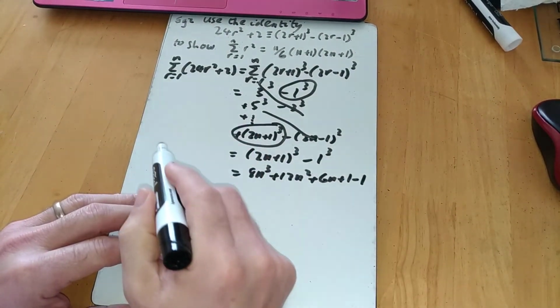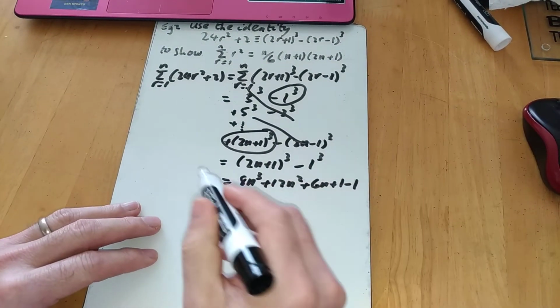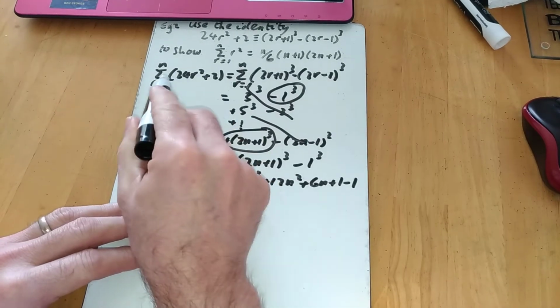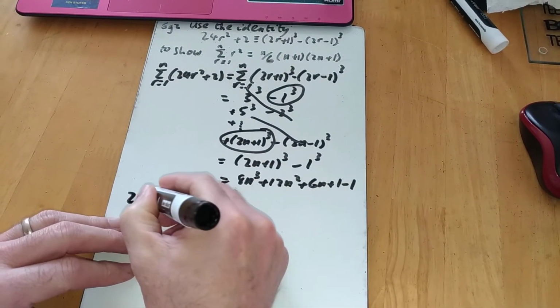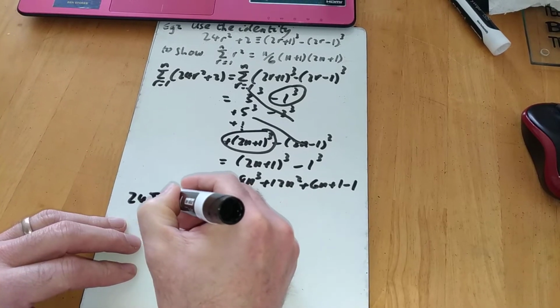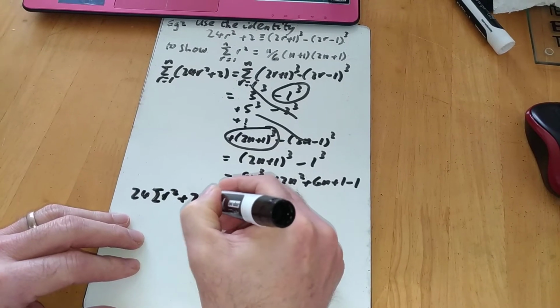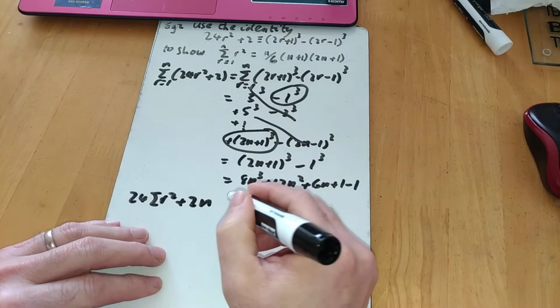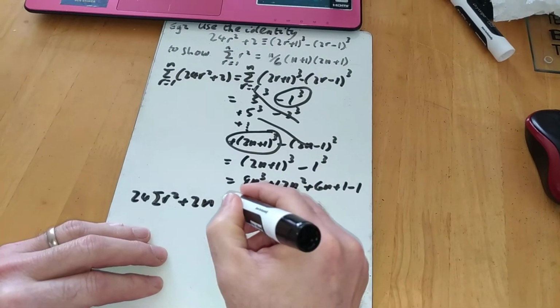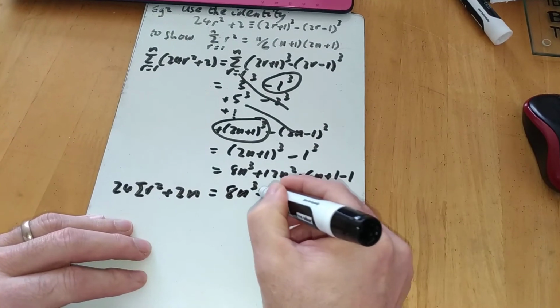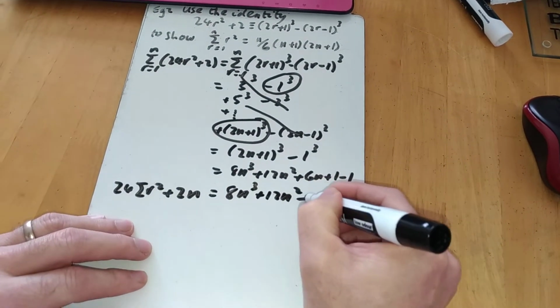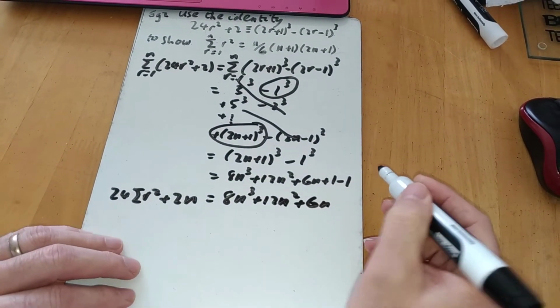Now let's have a look at the other side though, because I can simplify that nice and straightforwardly. The sigma 24r squared plus 2 is the same as 24 sigma r squared plus 2 lots of n. Don't forget I'm summing that 2, that 2n times. And that equals my 8n cubed plus 12n squared plus 6n when they cancel out.